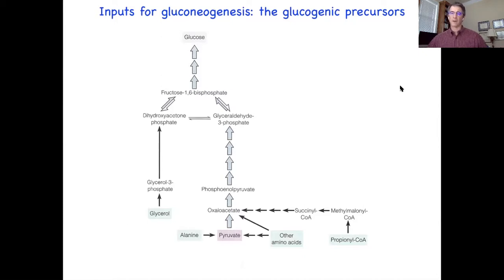And so that can be an important flux under certain conditions. But under normal conditions, by far, by mass, the largest flux that feeds the gluconeogenic pathway comes from lactate, right? And the reason for that has everything to do with skeletal muscle primarily, right?